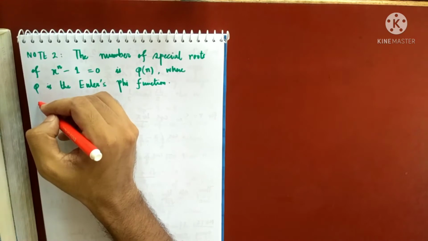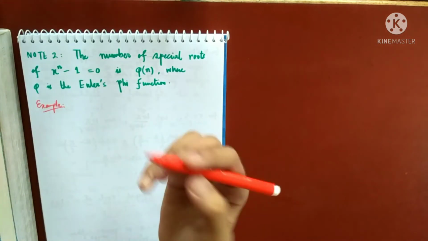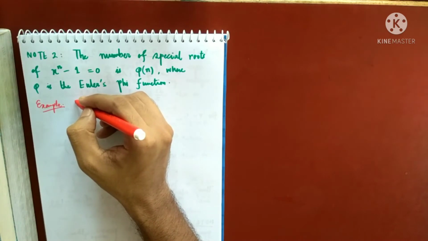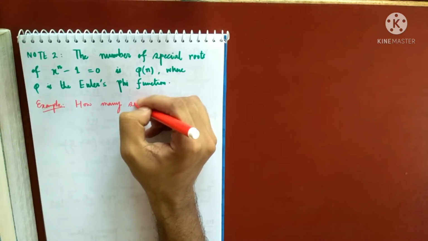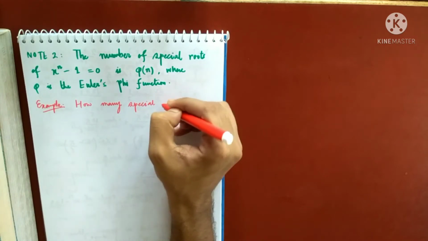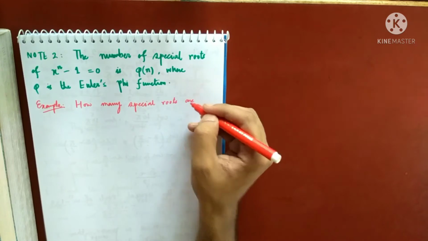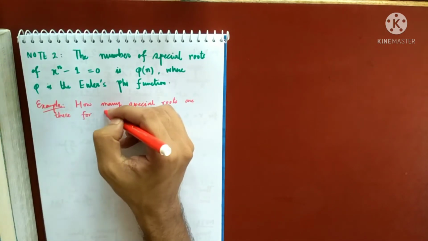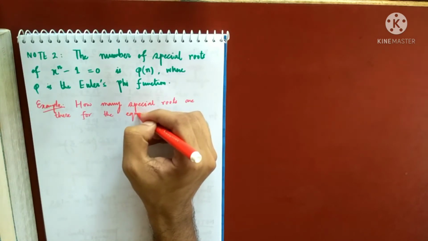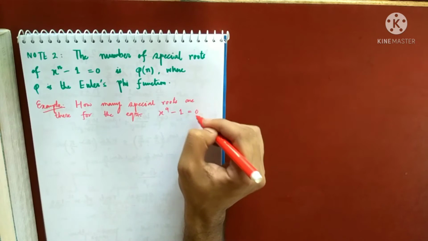For example, if I ask you how many special roots are there for the equation x to the power 9 minus 1 equals 0. How many special roots are there?